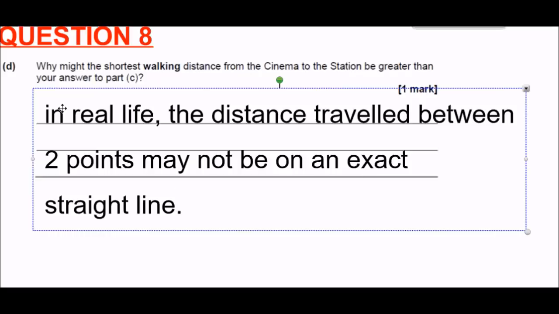Or a statement to that effect. It might not be an exact straight line between where we travel from the cinema to the station. And that's all we need to say about that one, really.